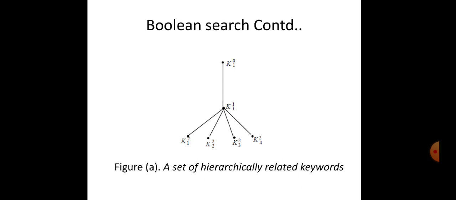Then K11 again splits into K12, K22, K32 and K42. So upon searching K10, ultimately we are searching what? These many keywords. That is, we are splitting K10 into 4 equivalent keywords. In this way, this Boolean search can be used for what?